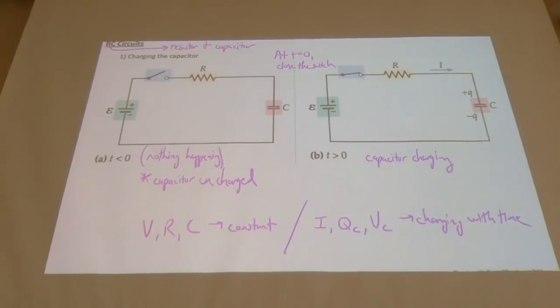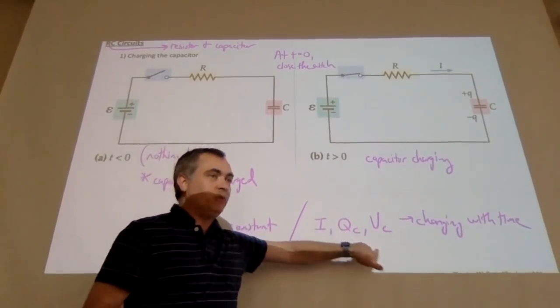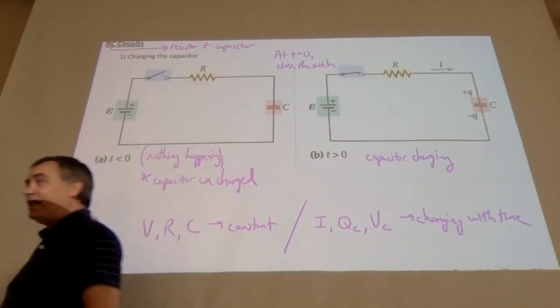As time goes by, we're going to have different values for all those. Previously, we just looked at Q and V sort of at the end. It's completely charged. What's the potential difference? How much charge does it hold? Now we're looking at all of the times in between when it's at different states of charging. It's partially charged. So we're going to have three things in the circuit that are constant and three things that are varying with time. They are functions of time.